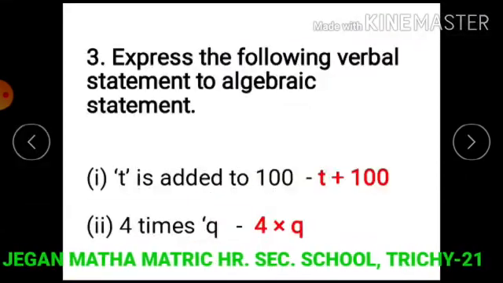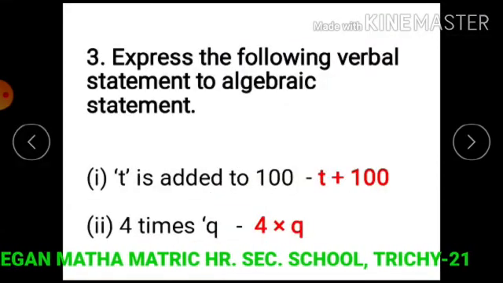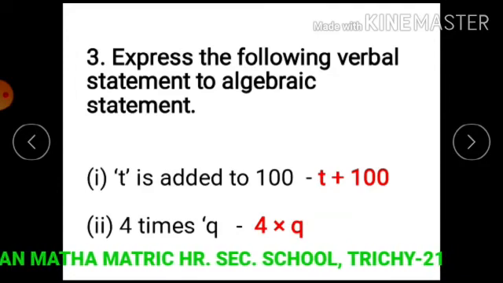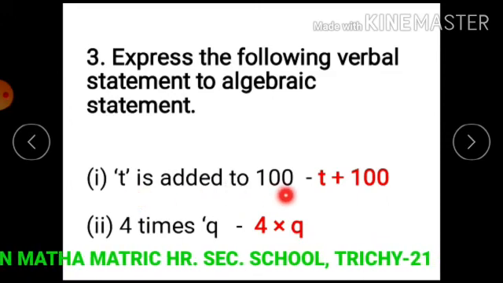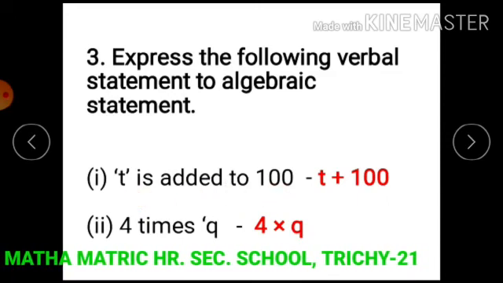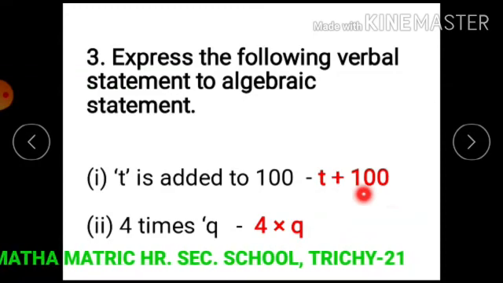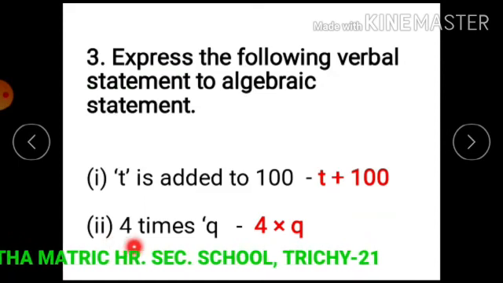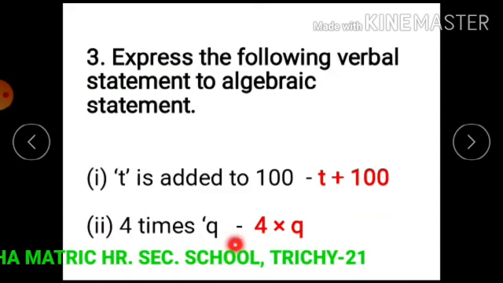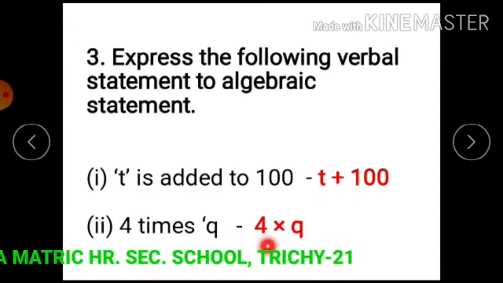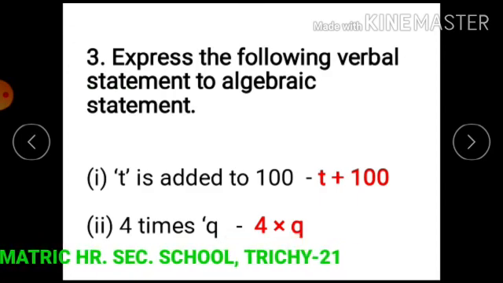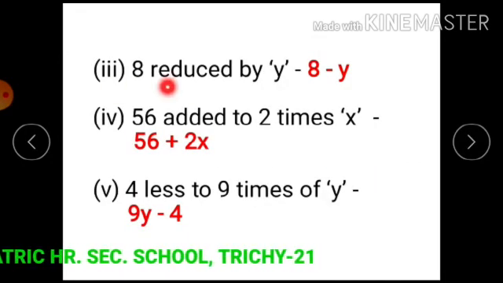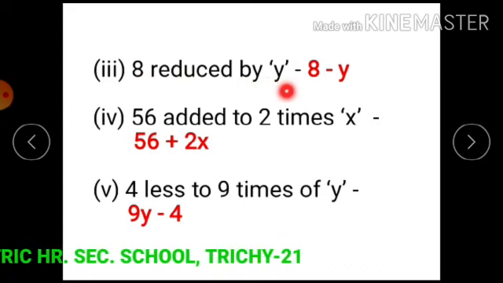Question number 3. Express the following verbal statement to algebraic statement. Subdivision 1. t is added to 100. The equivalent algebraic statement is t plus 100. Subdivision 2. 4 times q is equal to 4 into q or 4q. Subdivision 3. 8 reduced by y.